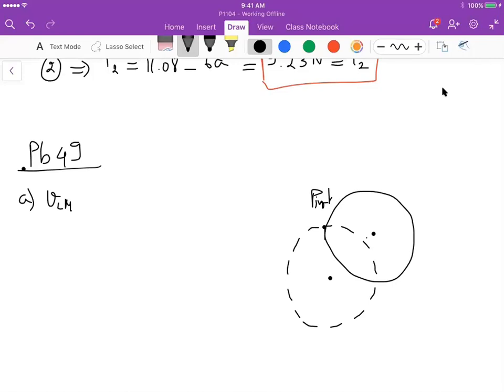So let's see first what happens when this disk rotates. The center of mass of a disk is defined by the central point, the geometric center. So practically it is this point in the middle, the center. Let me just draw it in a proper way. So this is the center in principle. And when this disk rotates about the pivot, this point, like any other point, will rotate on a circle, right?